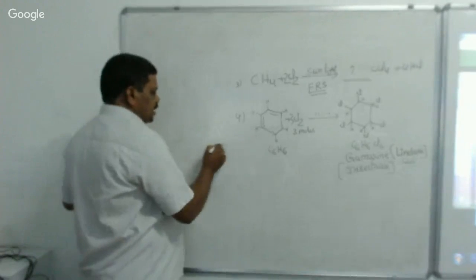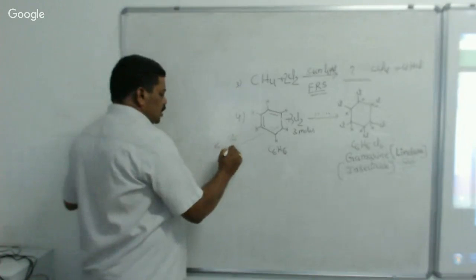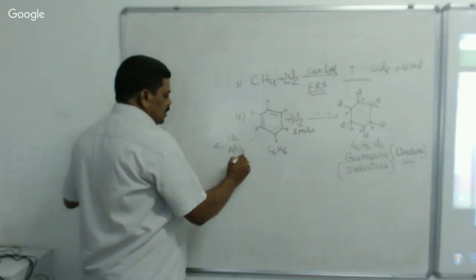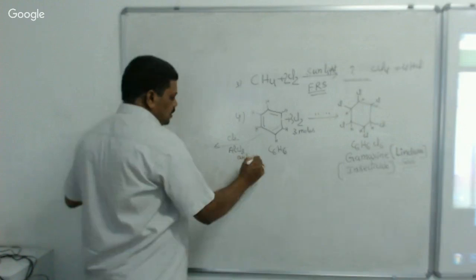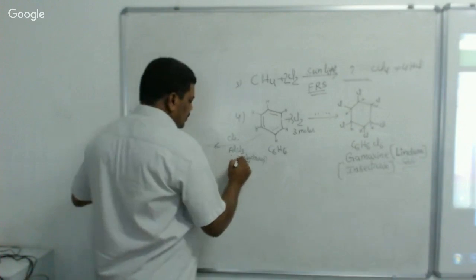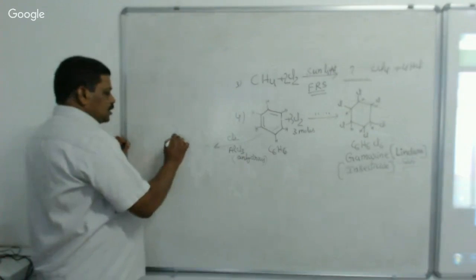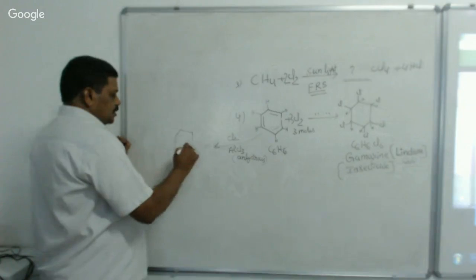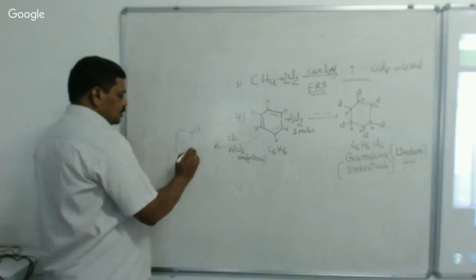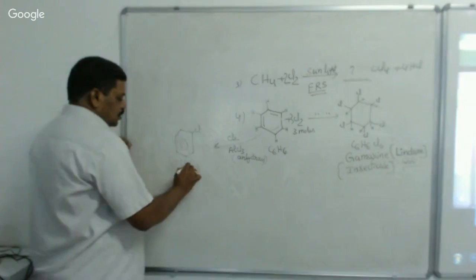For the same benzene, treat with chlorine in the presence of anhydrous aluminum chloride, you will get chlorobenzene.